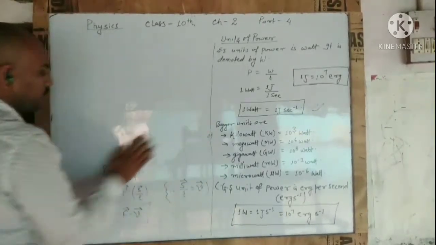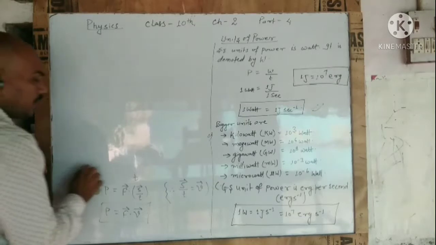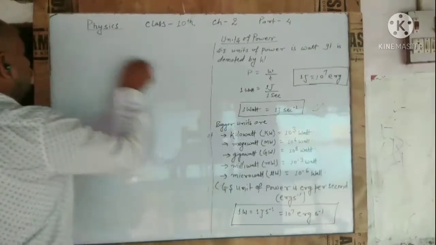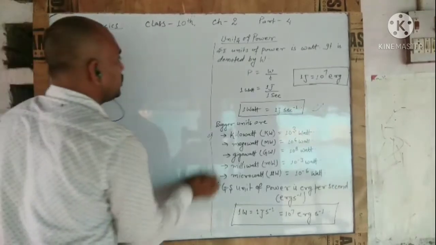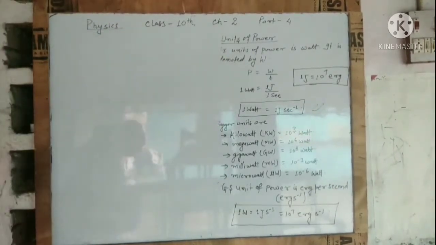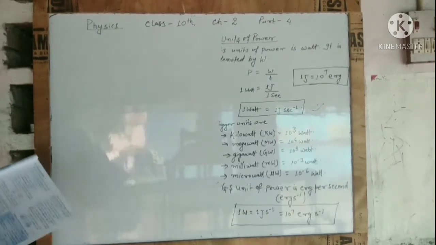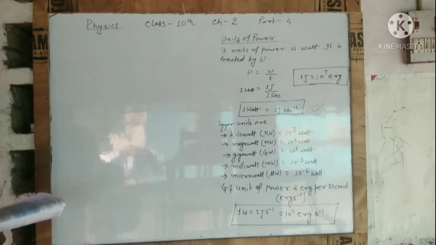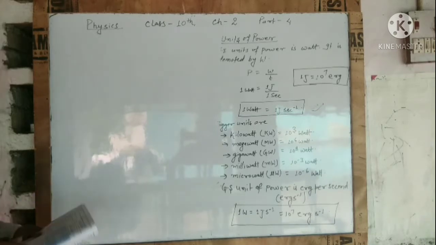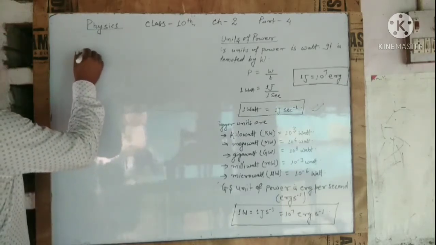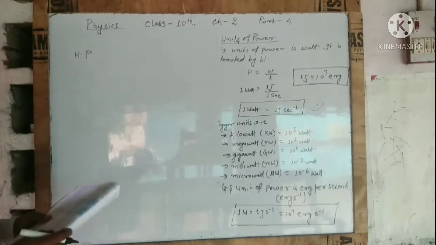When you go to buy a bike or any machine, the power is denoted in horsepower. It is largely used in mechanical energy, and is related to the SI unit of power. Horsepower is denoted by HP.